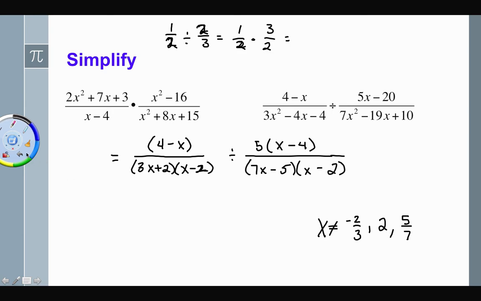So here, what we have to do is change it into multiplication. So I'm going to keep the first fraction. I'm going to change this to multiplication. And I'm going to flip the second fraction.